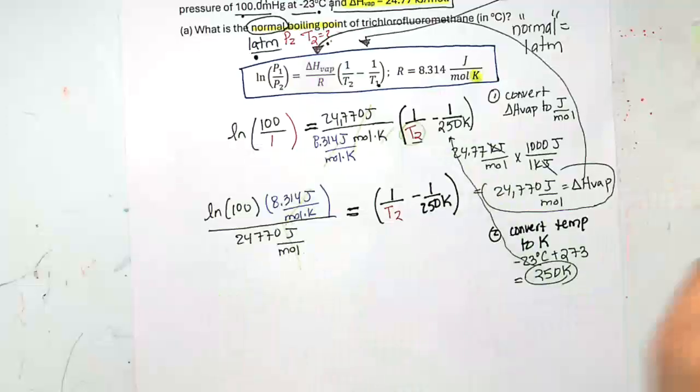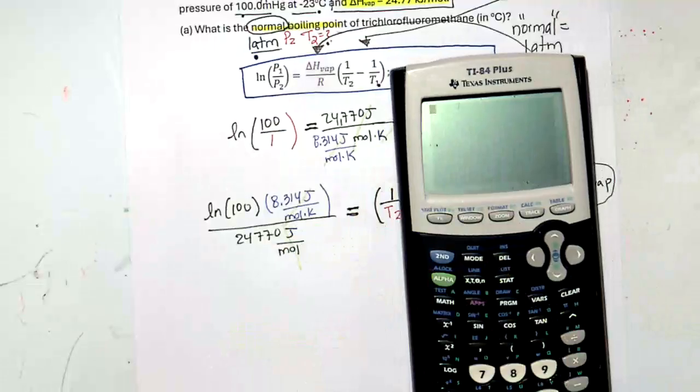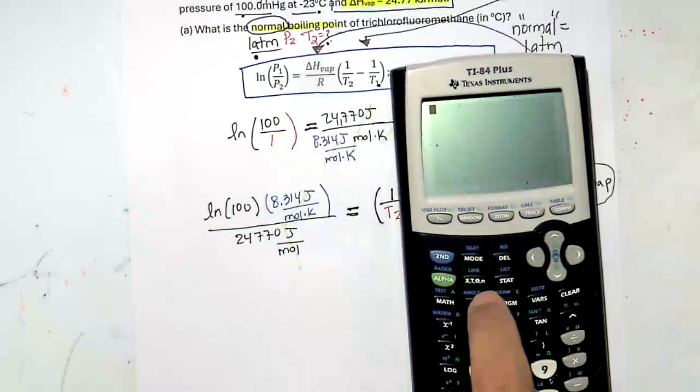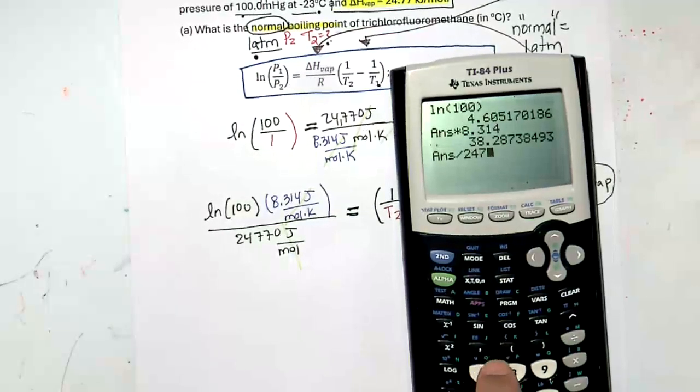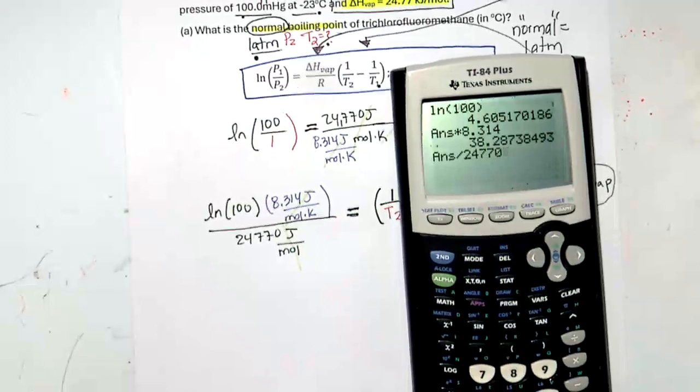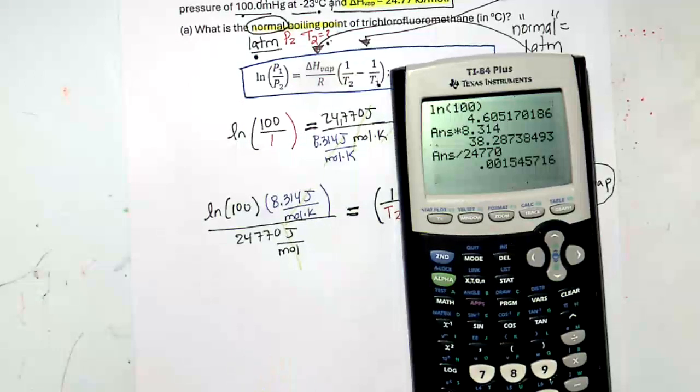Let's do this on our calculator. Natural log of 100 times 8.314 divided by 24,770. I'm getting 0.00155. Let's put some extra digits in there.